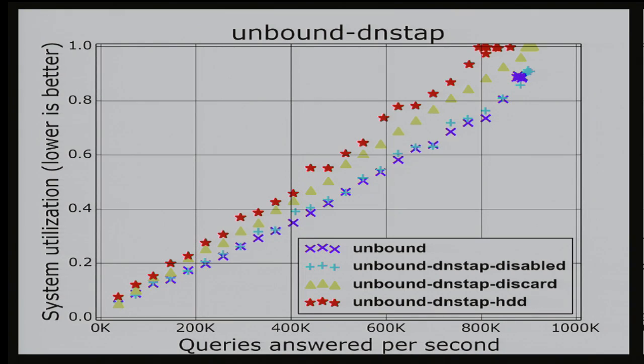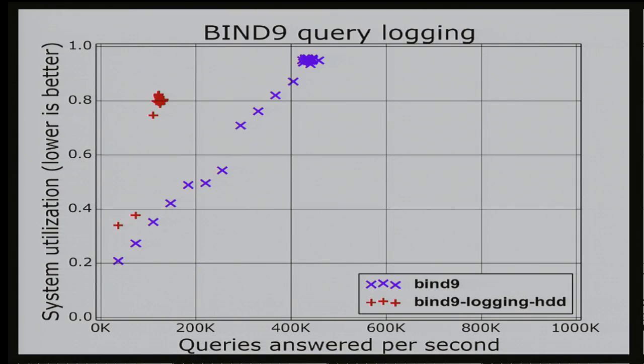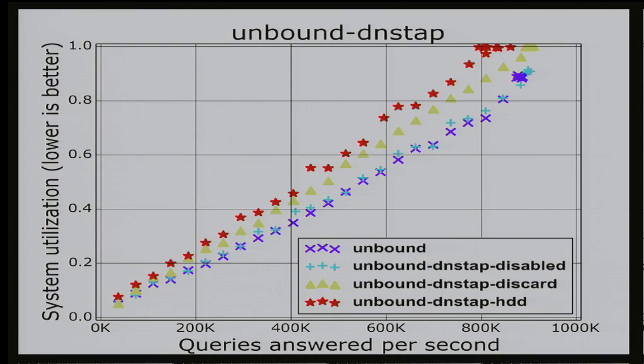And then the top one is enabled and generating log messages, and there's a separate process receiving the dnstap messages and writing them to disk. In contrast to the query logging plots, it mostly manages to deliver similar performance, but with additional CPU usage. The behavior is much closer to the base case with this implementation.